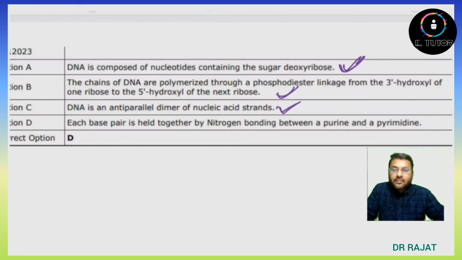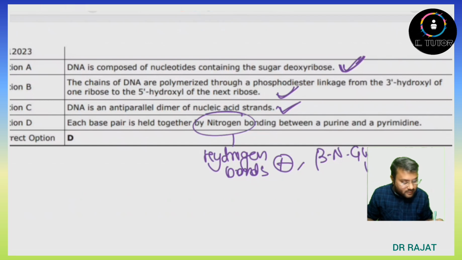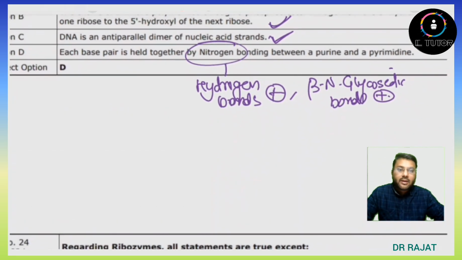Each base pair is held together by the nitrogen bonding between purine and pyrimidine. No, this is not true. The nitrogen bonds are not present. Instead, hydrogen bonds are present, and also beta N-glycosidic bonds are present, but nitrogen bonds are not present.